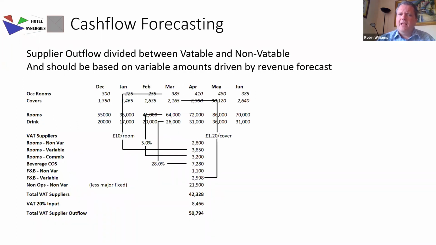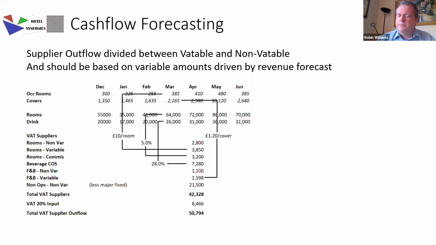Next, suppliers need to be broken down into vatable and non-vatable. And again, when you're looking at supplier costs for your cash flow, base it on actual productive figures, base it on the number of rooms sold, base it on the number of covers, because those figures again will be more likely to be constant than the revenue you're gaining from those covers.